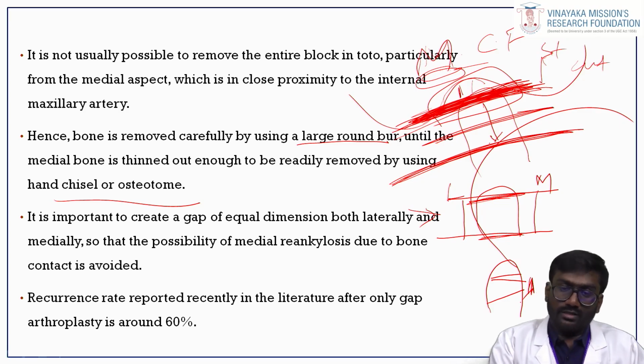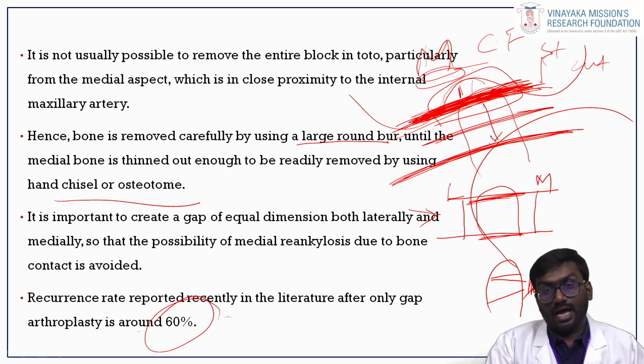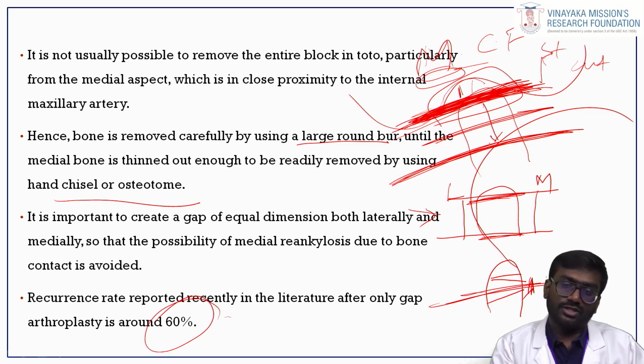Studies show that if inadequate gap arthroplasty is done, the chances of recurrence are 60%. Even with sole treatment of gap arthroplasty, without putting any barrier material in between, the chances of ankylosis are 60%.